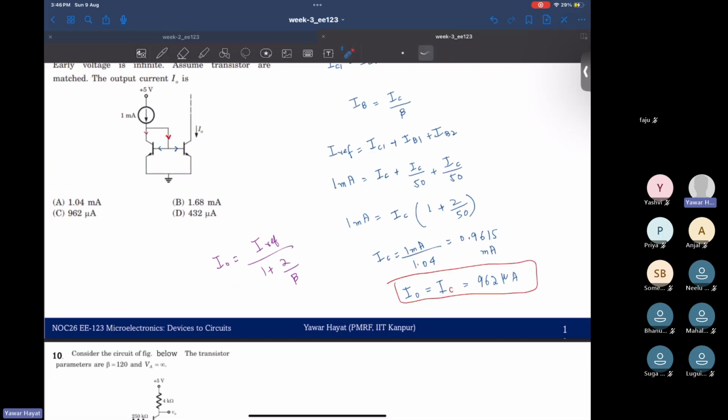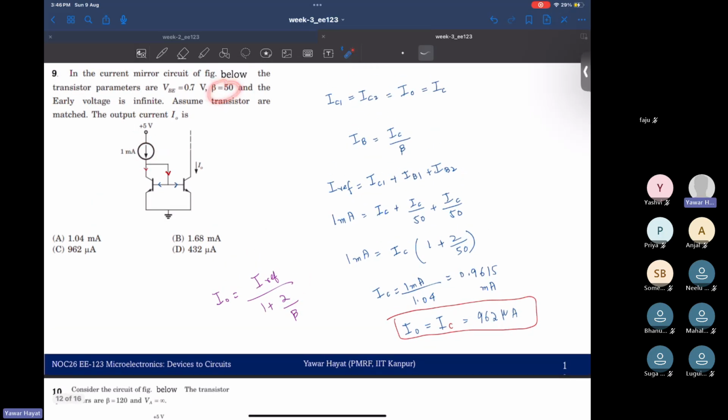Your IREF is this one, and your beta is the beta of any of the transistors. You put in the values, you'd get directly this one. But it's good that we know how it comes about. One thing to note is that you have neglected the early effect in this. Since your early voltage is infinite, make sure you remember that assumption while you're using this formula if you plan to do so. So we are done with this.